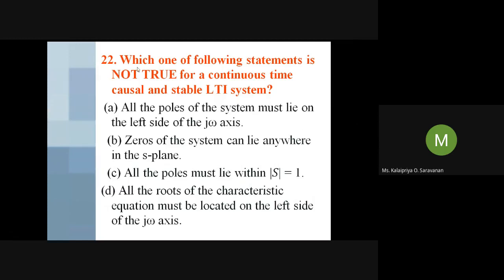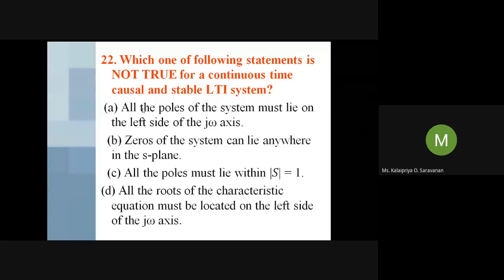Now, the next question says, which of the following statements is not true for a continuous time causal and stable LTI system? Given are 4 different options. Now, you will have to find which is the correct option in order to fit for a causal and stable LTI CT system.